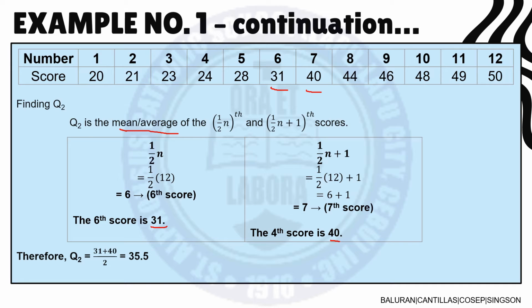So 31 plus 40 divided by 2. Therefore, the value of the second quartile is 35.5. This means that 50% of the students scored lower than or equal to 35.5.